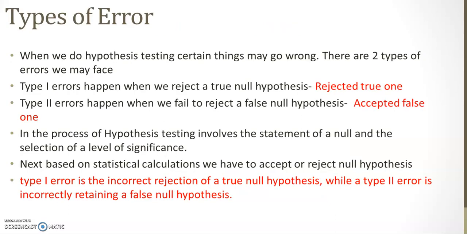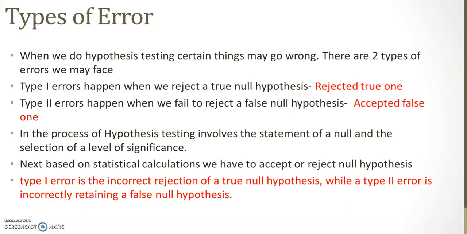It is impossible for the researcher to avoid type 1 and type 2 error, but there is an amount of risk involved when we wrongly reject the true hypothesis and wrongly accept the false hypothesis, that is type 1 error and type 2 error.